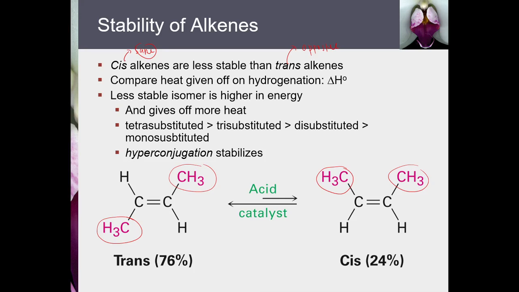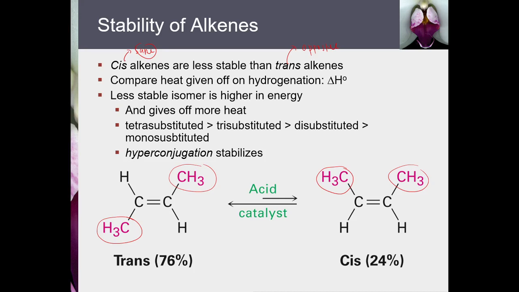Okay? So I forgot to mention kanina that because of the restriction sa rotation sa double bond, there's a way to convert your trans to cis. So that involves the use of acid catalyst.